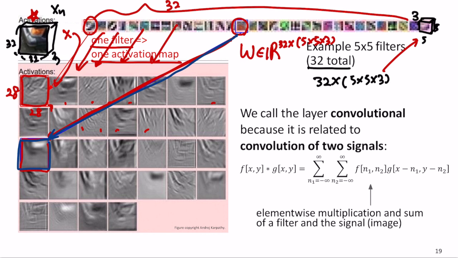Let's say this filter extracts this shape, and this filter extracts light information, and so on. Then we can comprehensively understand the input.